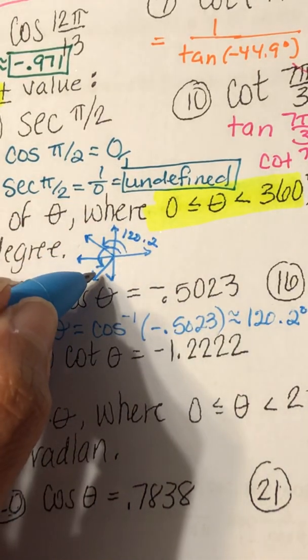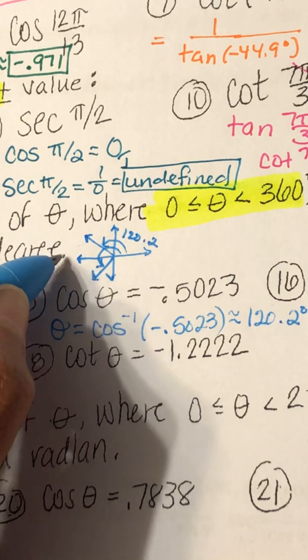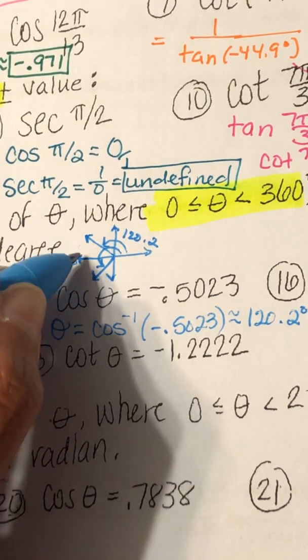To find the next one, I know that it's 120.2 degrees away from that negative x-axis, so away from 180, but down here.